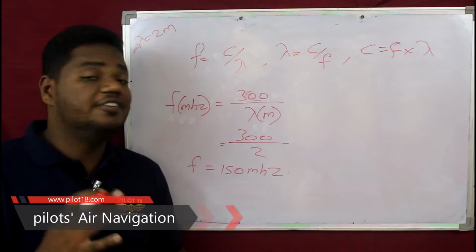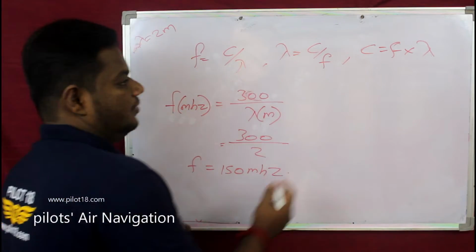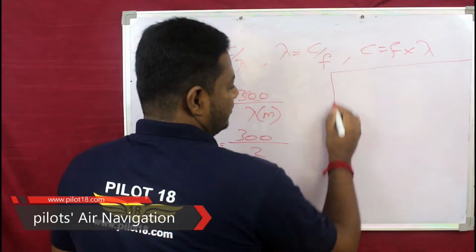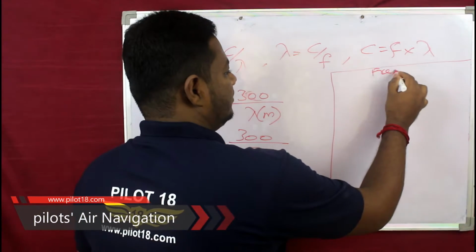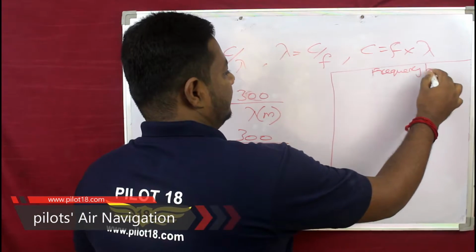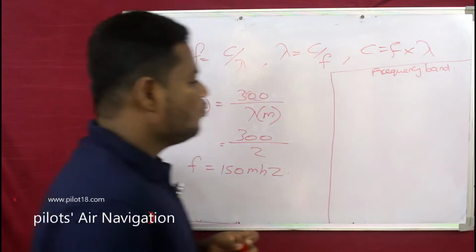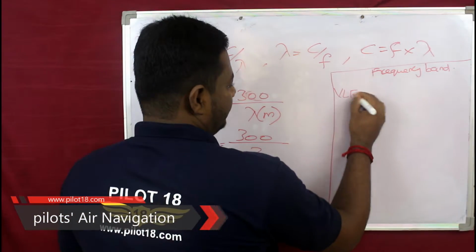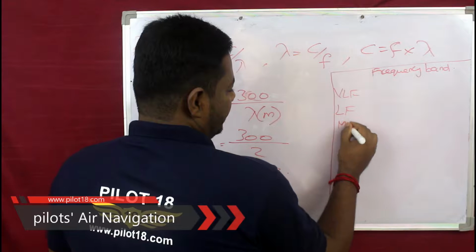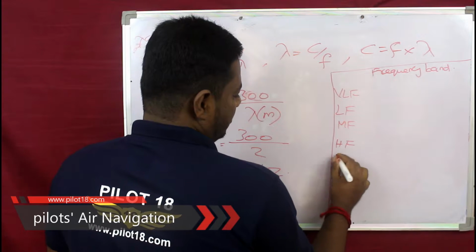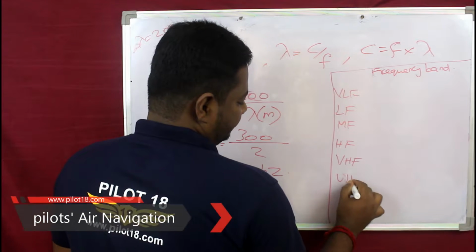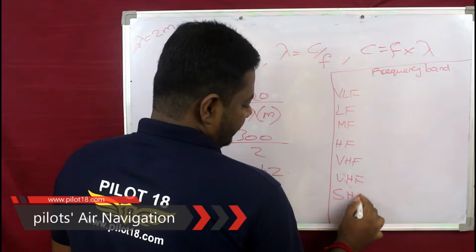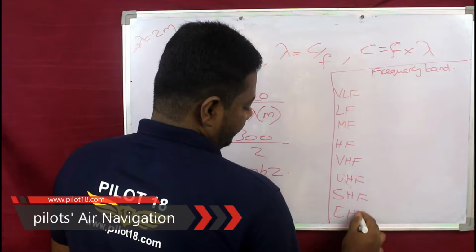Now we need to see the different types of frequencies available. Let me write it here. This is known as the frequency band. It starts from very low frequency, medium frequency, high frequency, very high frequency, ultra high frequency, super high frequency, extreme high frequency.